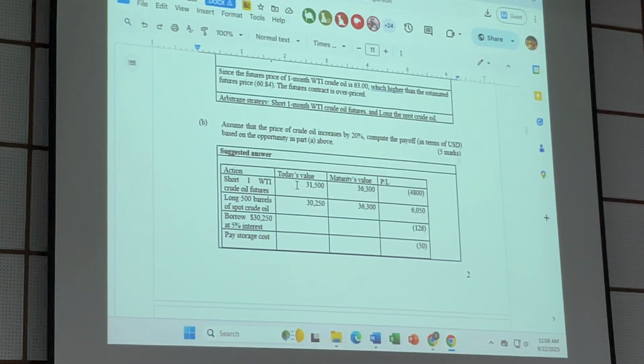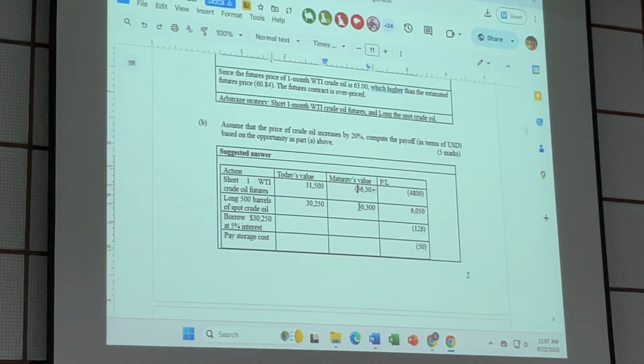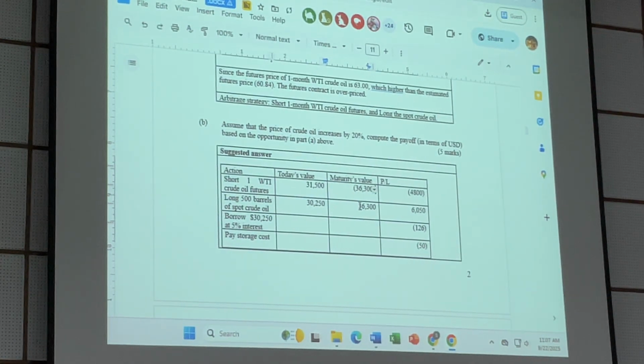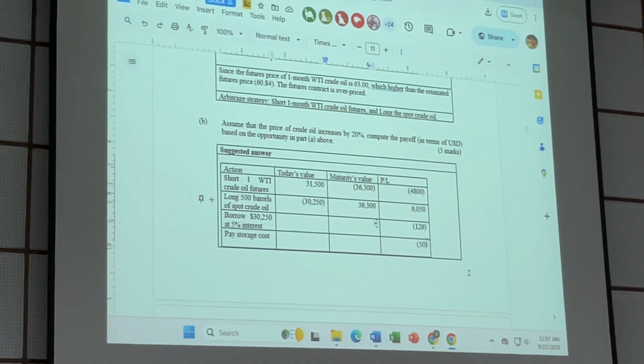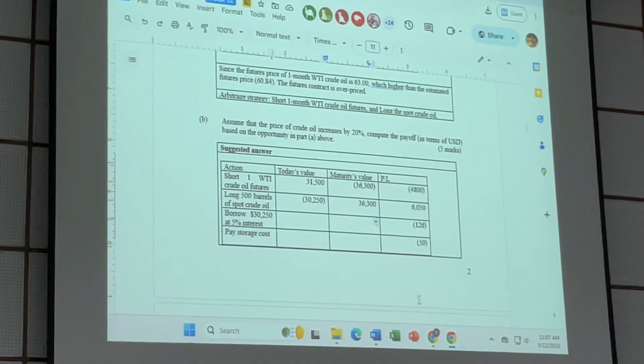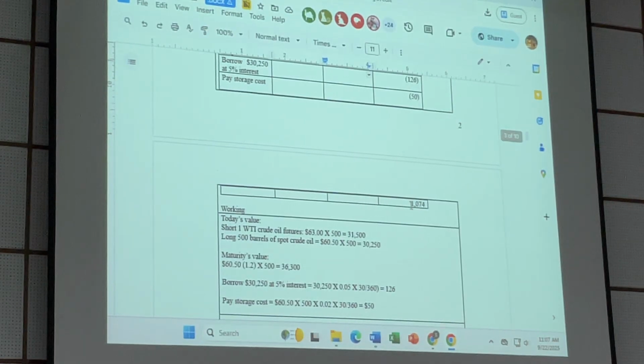Short is beginning minus end, so I'll put the bracket here. And then long is end minus beginning, so I'll put the bracket here. So at the end, you know which one minus which one. Then you sum up together, you get this.